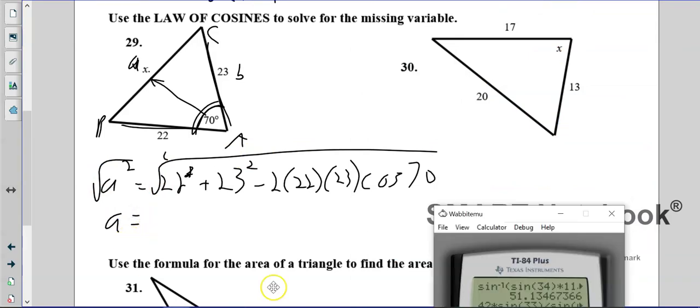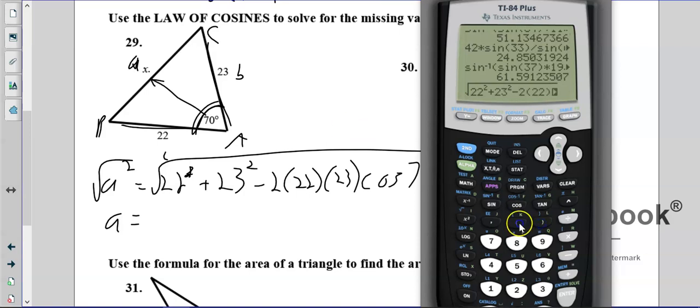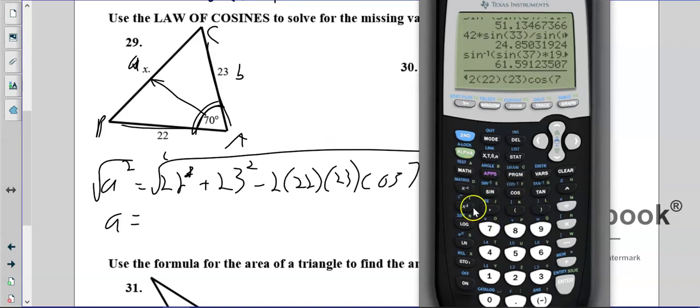So we do second square root first, and then we just type what we see. 22 squared plus 23 squared minus 2 parentheses 22 parentheses 23 parentheses cosine of 70. Enter. There it is, 25.8.